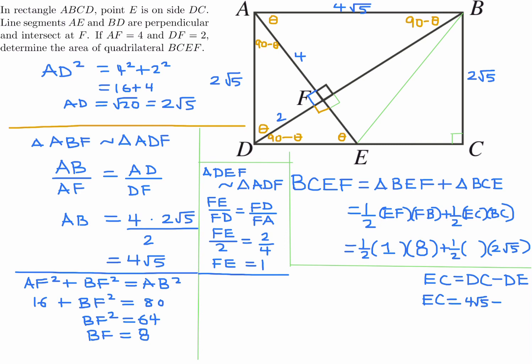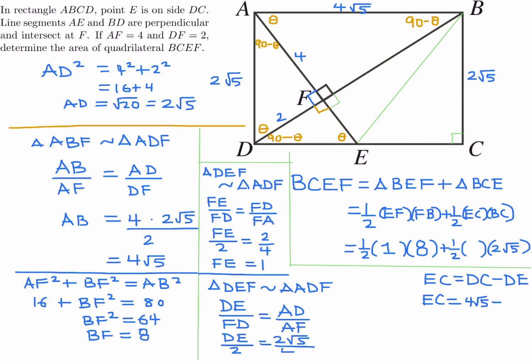Well, I'll get DE with similar triangles, in the very same way, triangle DEF and triangle ADF. Those should be enough. So I got DE over FD is equal to AD over AF. And that is DE over 2 is equal to 2 root 5 over 4. So solving for DE, you get DE is equal to root 5.